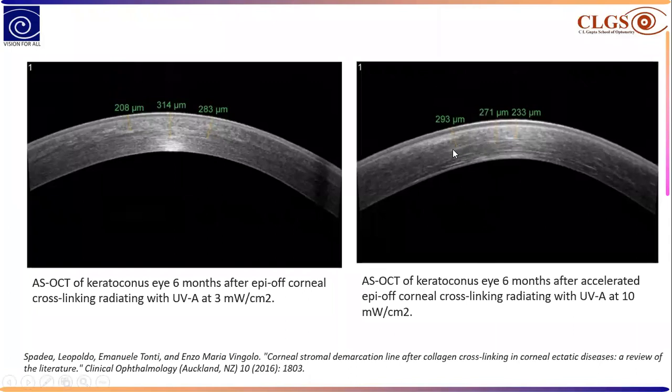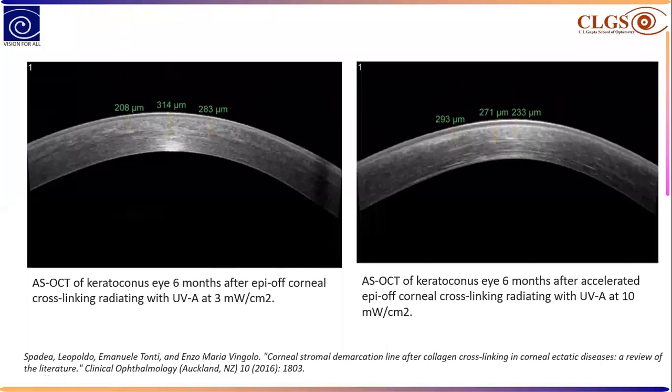So we want it to penetrate at the stromal level, because the collagen is in the stroma, and collagen will make covalent bonds that make the cornea stiffer. So if this demarcation line is not quite deep in the stroma, it means your cornea would not be as stiff as it should be after C3R or CXL treatment.